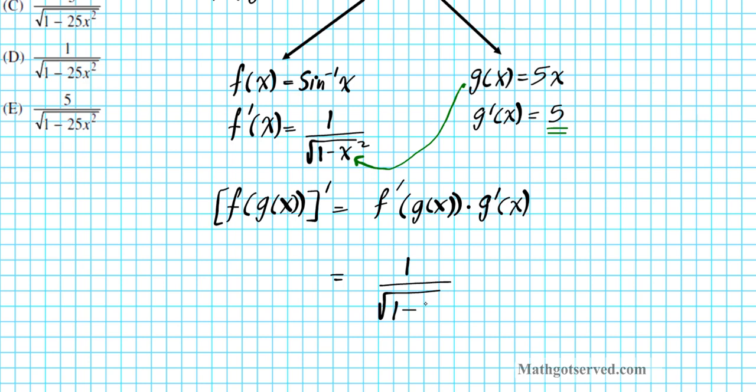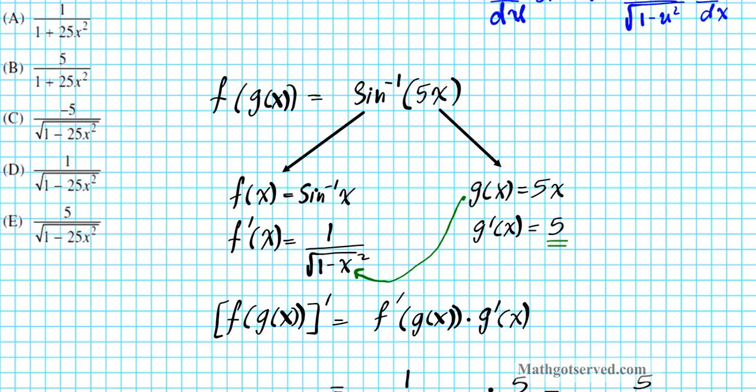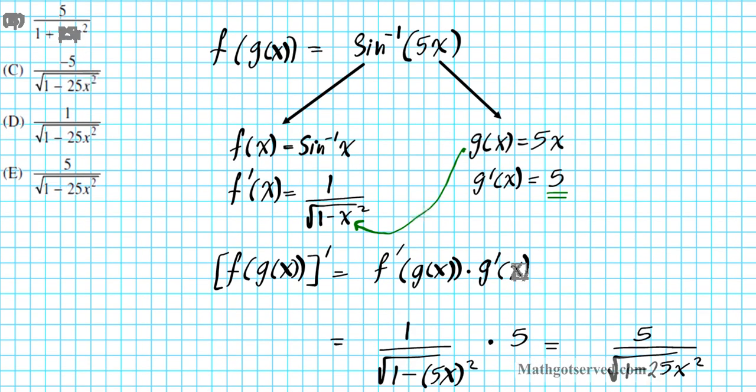So if we do that, (5x) squared, times g prime of x, which is just 5, multiply across, we have 5 over the square root of 1 minus 25x squared. So our answer is option, let's see, which one has a 5 on top? Oh, option E.